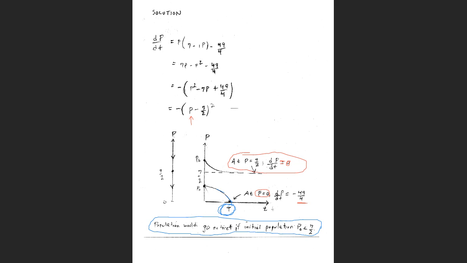If the initial population is less than 7/2, you're going to end up having no fish. And this has to do with species going extinct. Like hunting, there are limitations on hunting, because you don't want the animals to go extinct.